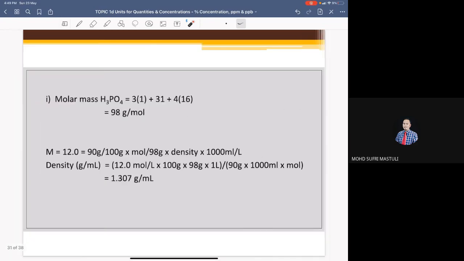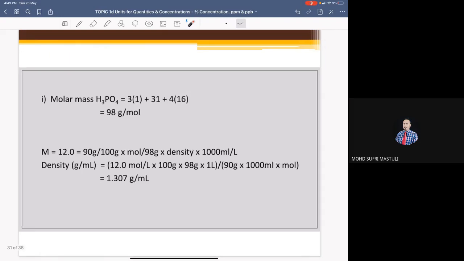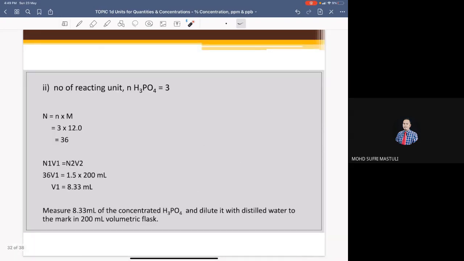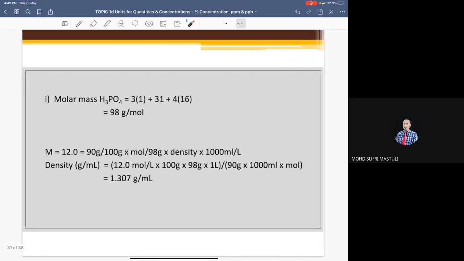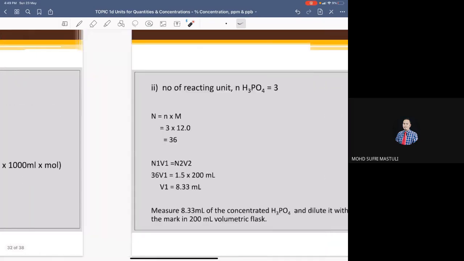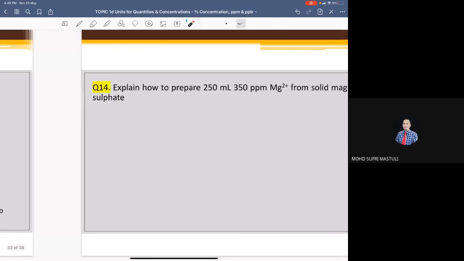So this one also has the answer given, and then you can analyze the answer and try to answer this question. Okay, molarity and also normality.